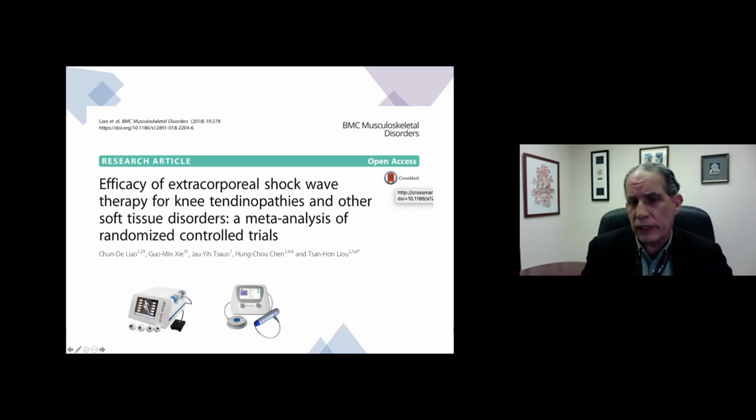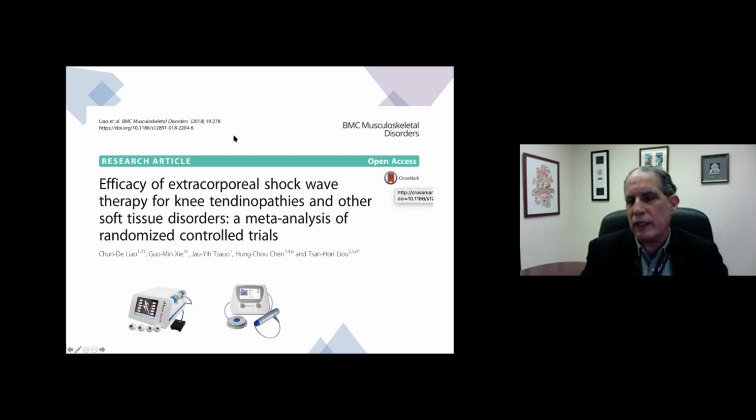There's a focal and a radial element to this. In my opinion, this is a technology that is becoming more popular, but it's not available in all places, all cities, and all countries the same way that other technologies are available. This study was published a couple of years ago in the BMC Musculoskeletal Disorders journal.